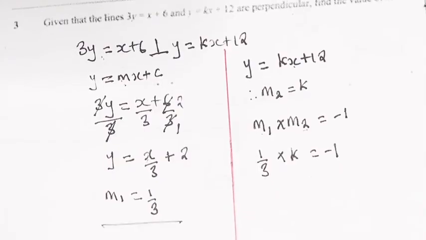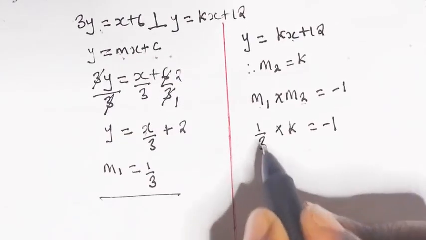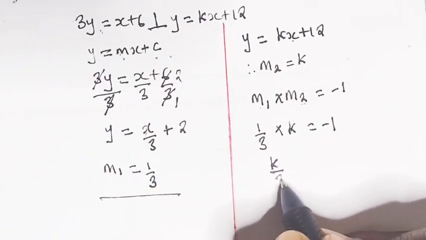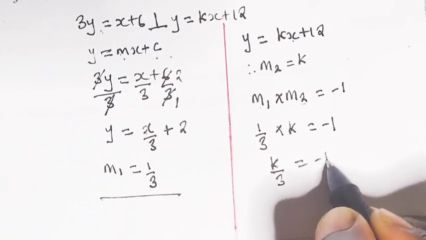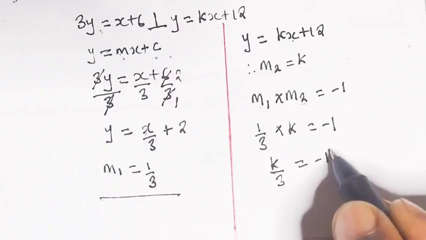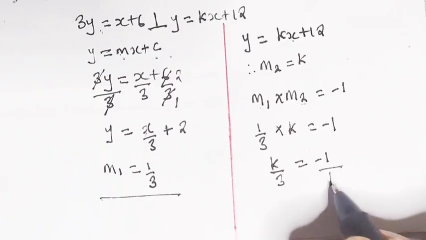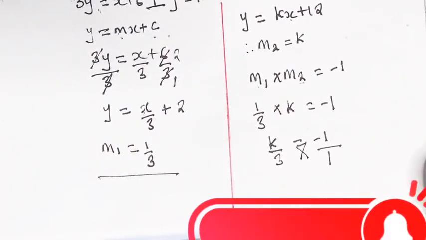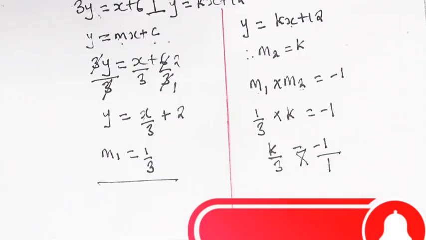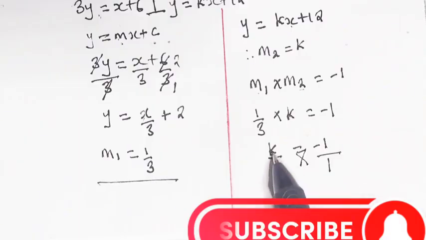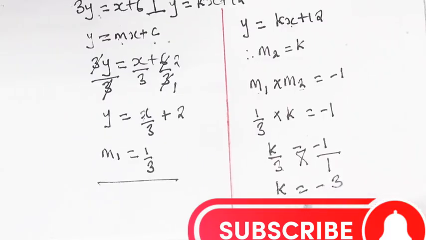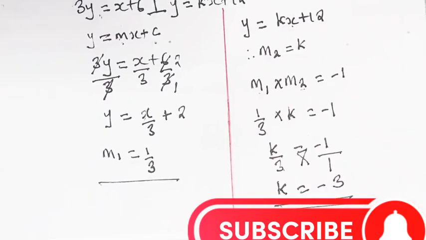So k times 1, it's k over 3, which is equal to negative 1. We divide by 1, then we cross multiply. So we say k times 1, it's k, equal to 3 times negative 1, which is negative 3. So this is the value of k.